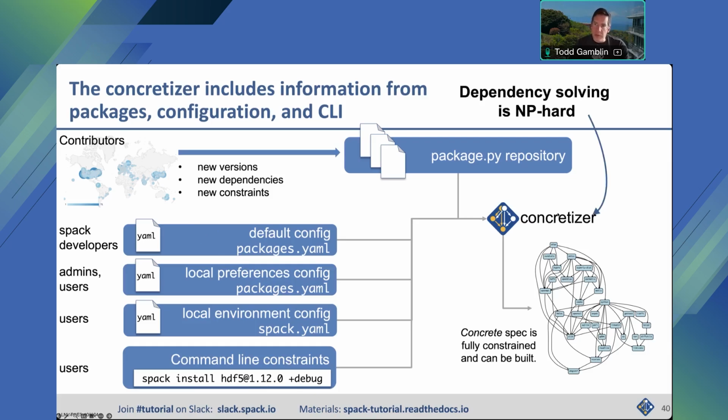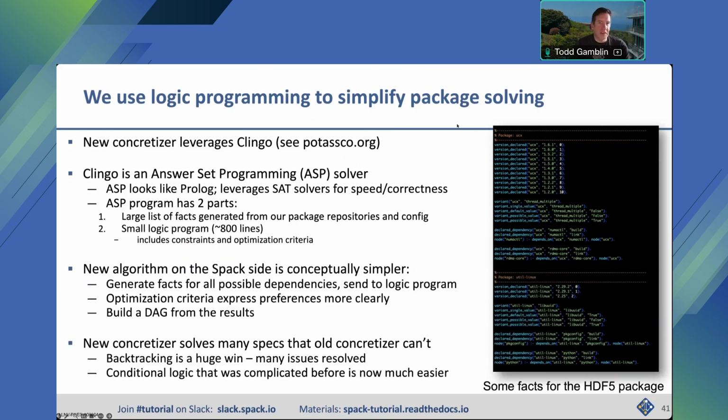And this problem is NP-hard. So anything in the graph can, in theory at least, affect anything else. And so we have to have a solver that's capable of understanding how different constraints manifest across the graph and how to find solutions in that space. Turns out there's lots of ways to do that. One of the ones that solvers use is Boolean SAT solvers. There's custom solvers that use similar algorithms. We settled on answer set programming for Spack because it's a high-level language that looks a lot like Prolog, and it leverages fast SAT techniques underneath that give us the speed and correctness that we want.